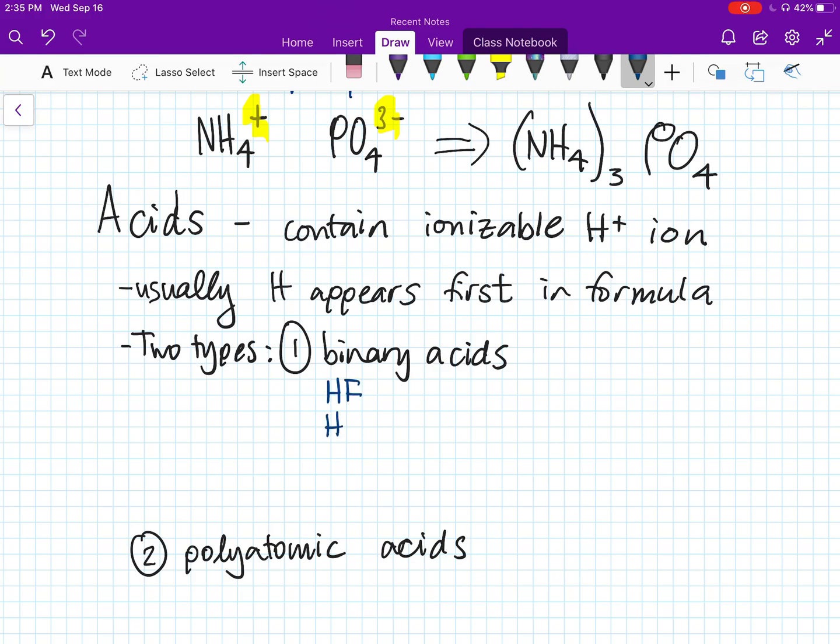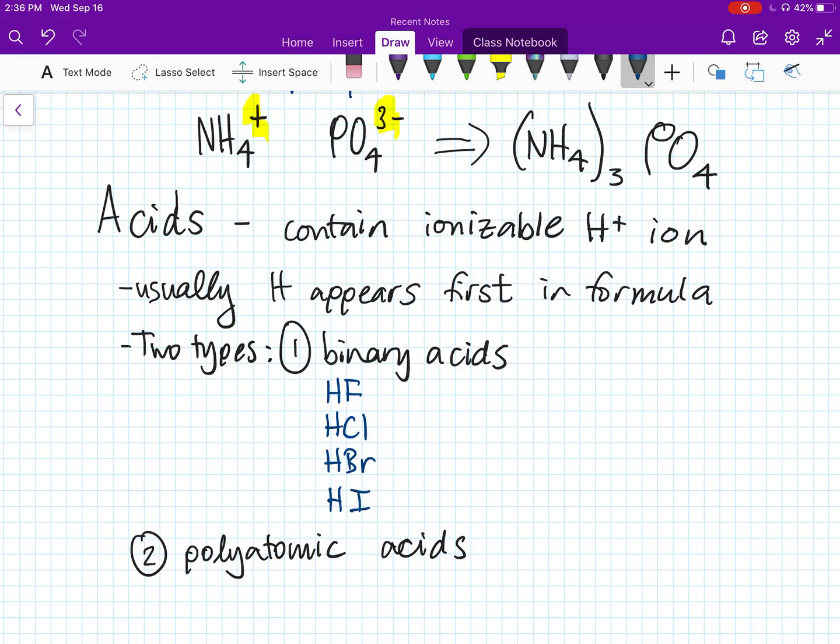These include the halogen acids, so hydrogen with all of the halogens. Fluorine, chlorine, what's next? Bromine actually should be next instead of iodine. And iodine. So here we go. And HI.